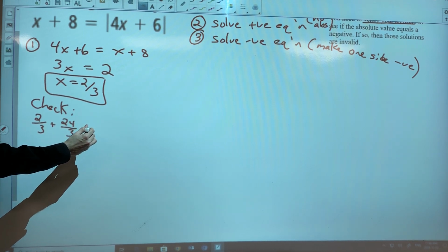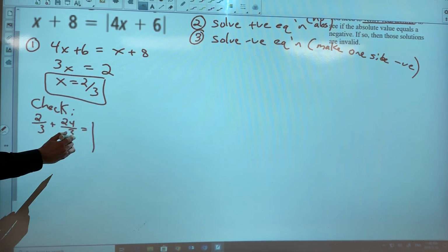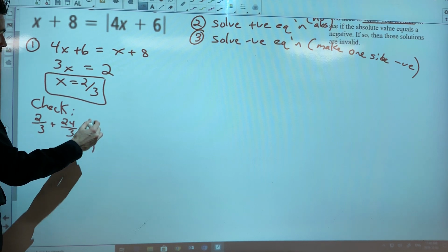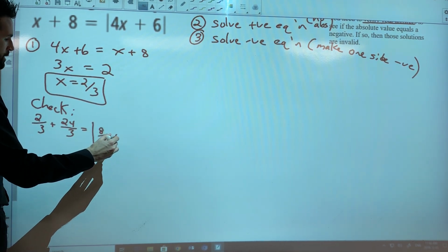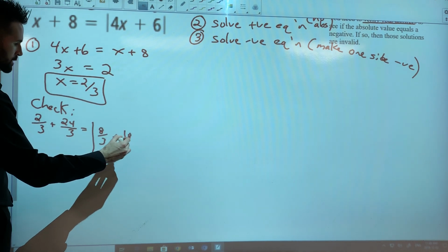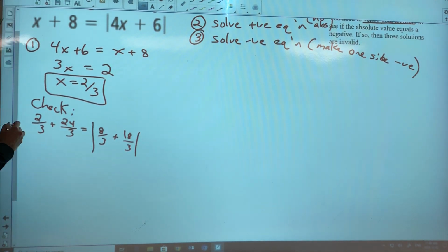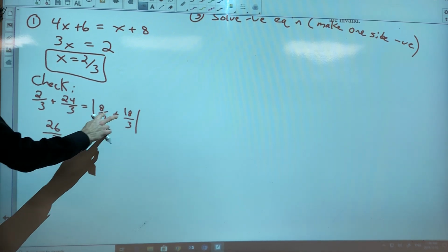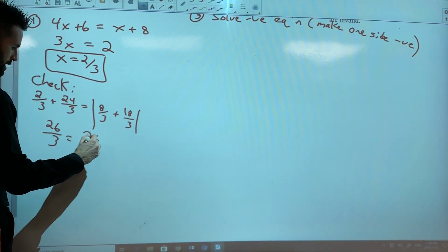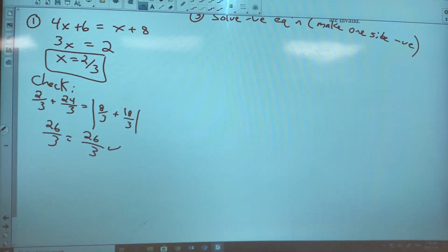I'm trying to go fast and get my common denominators really quick. I'm going to get 8/3 over here, plus 18 over 3. So what do I get? I get 26 over 3 equals 26 over 3. Do we agree? Yep. Okay.